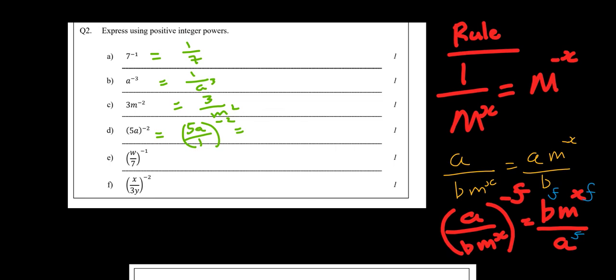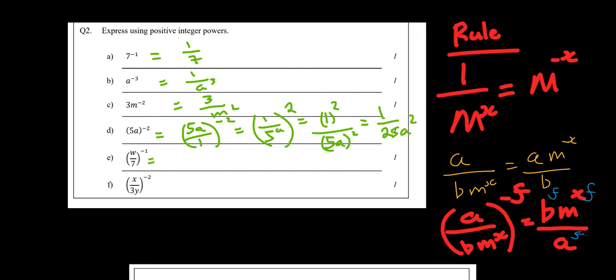Using this principle down the bottom here, we're going to invert our fraction, that is swapping numerator and denominator. Squared, well, 1 squared all over 5a squared is just simply 1 over 25a squared.